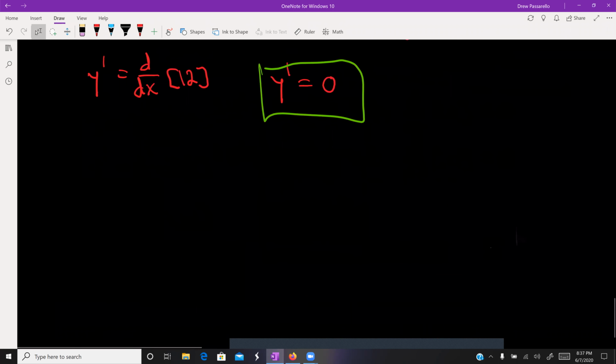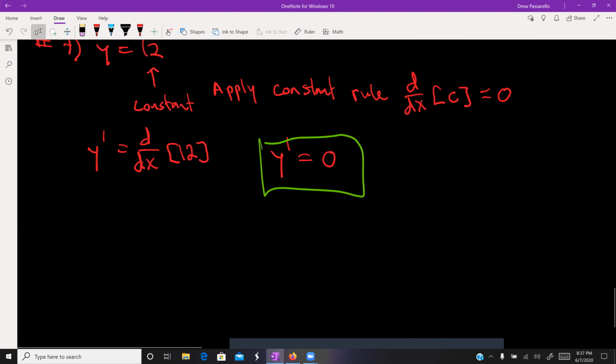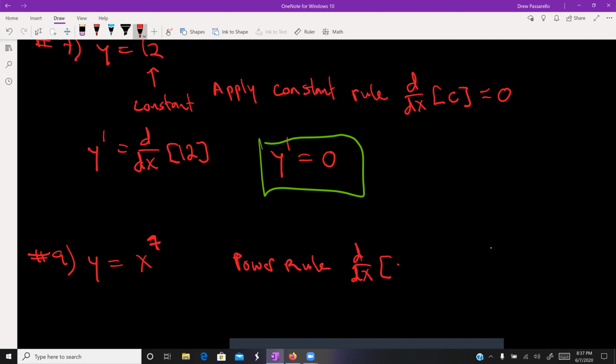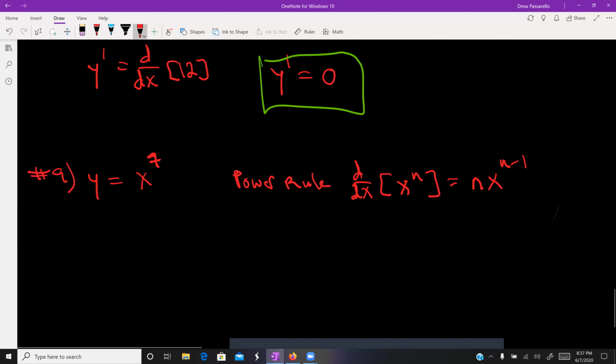All right, so the next one's y equals x to the 7th power. And so this has the structure of x to the n. I can use the power rule. Where you take the derivative of x to the n, drop down the exponent, so it's n times x to the n minus 1, subtract 1 from the exponent.